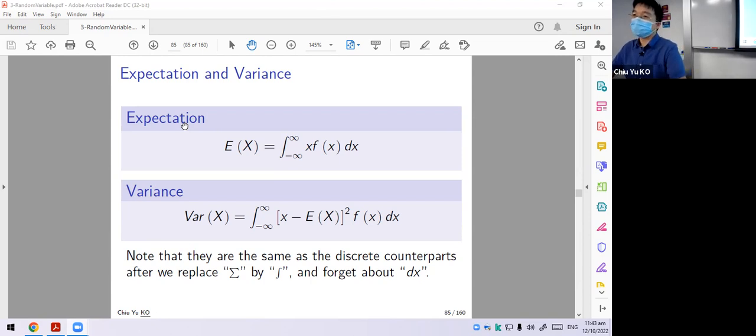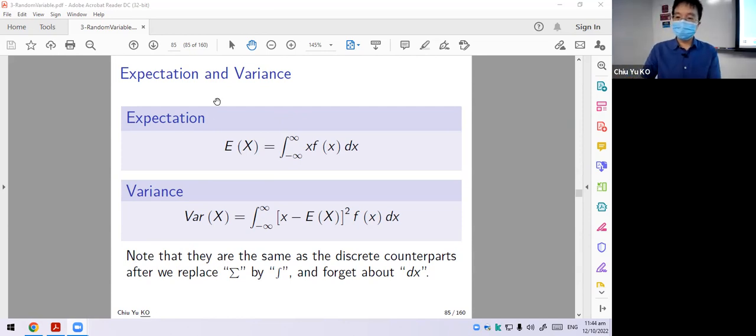But the idea is the same as discrete. The idea is you just repeat this experiment many times. You record all the x, you calculate the average, and that will give you the expectation, and the variance will be the same idea if you keep doing the same thing, okay? And that would be the idea of this. And then the actual calculation will be like this.